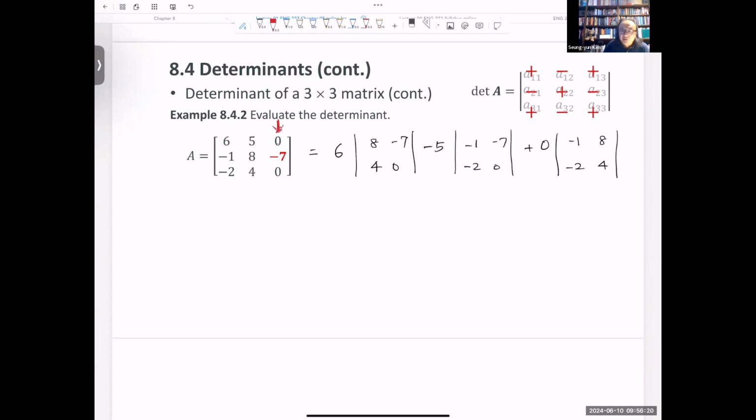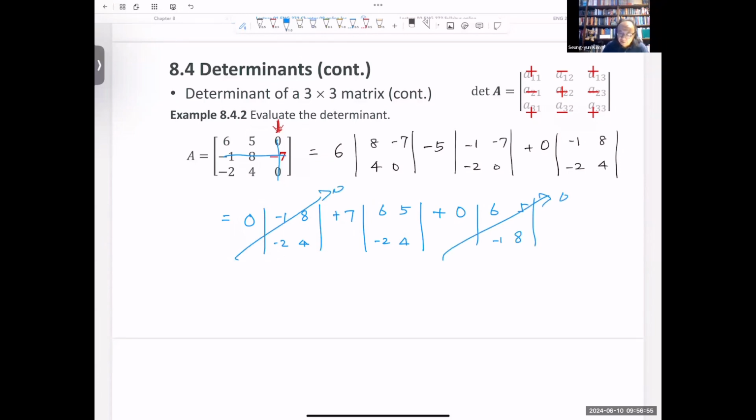There are 0, -7, and 0, so we can use this column: 0 times -1, 8, -2, 4, minus minus plus 7, 6, 5, -2, 4, 0 times 6, 5, -1, 8, going to be 0, 0.